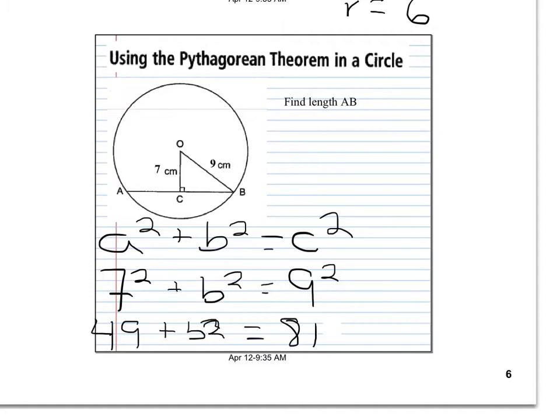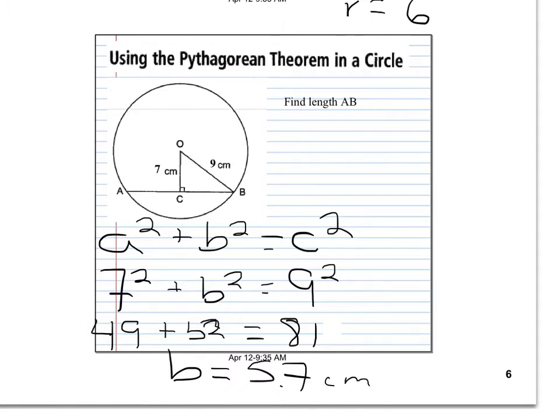Okay, so from here we are going to subtract 49 from both sides, take the square root, and you're going to get some long decimal on your calculator. For this unit, when you get a decimal, just round to the nearest tenth. So for this one, we get B to equal 5.7 centimeters.